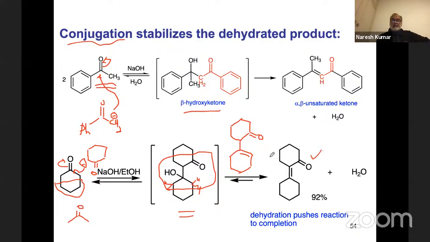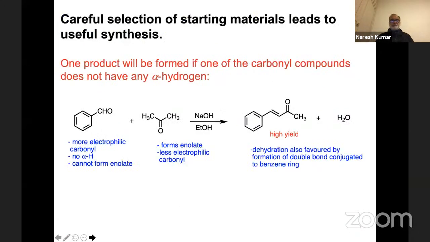The reason is that this double bond is not conjugated with a carbonyl. You can see that there's a double bond, single bond, double bond here, so this is conjugated with a carbonyl group. That's why it's formed, and that's why the reaction is pushed in the forward direction, because of this conjugation in these molecules.